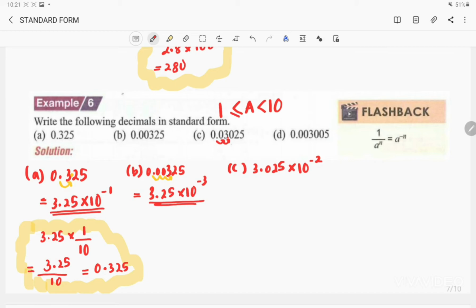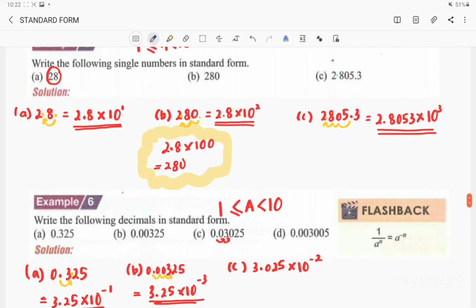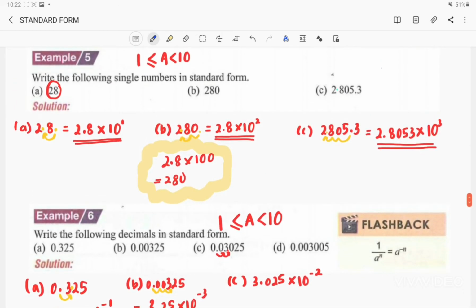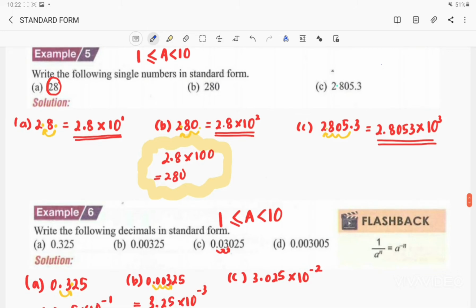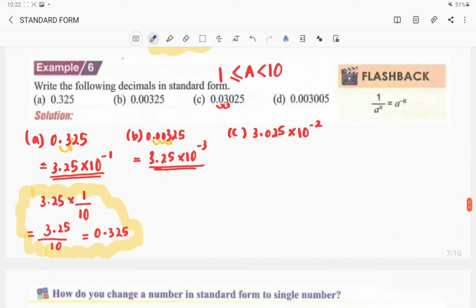Okay. Alright. Okay, based on example 5. In example 5, you shift decimal point to the left. And what happened to value of n? Value n positive. Okay, when you move the decimal point to the left, value n positive. Dan kalau you move the decimal point to the right, value n negative.